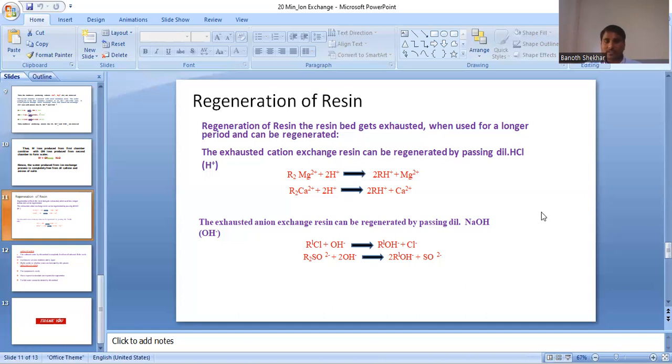So the magnesium moves out with the acid. Like the second one, when the anion exchange resins are washed with NaOH, the OH minus will go and sit in the place of the chlorides and sulfides. The remaining chlorides and sulfides are washed out. Like this, when we wash with these solutions, the membranes activate again and act as fresh membranes.